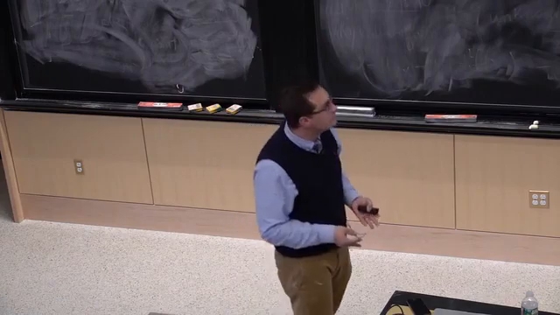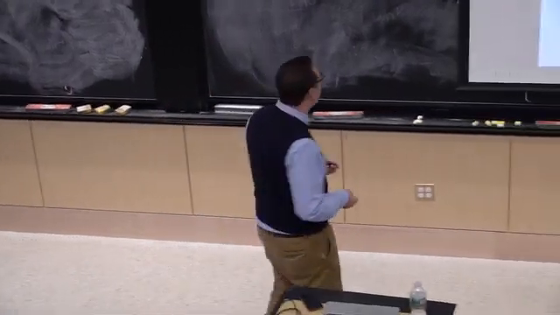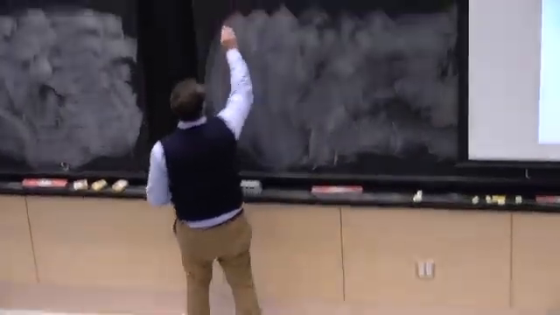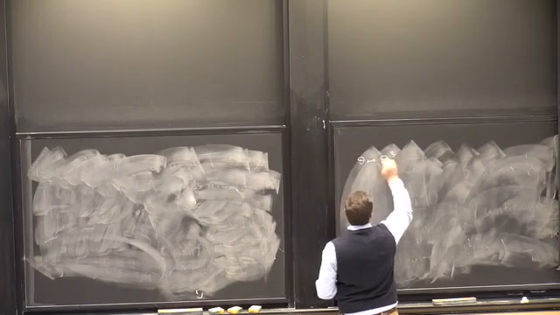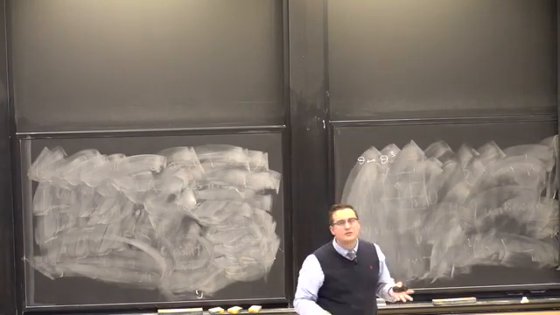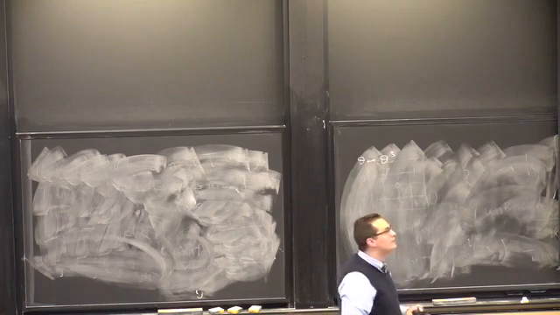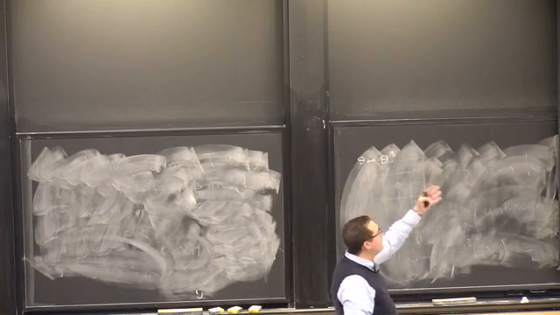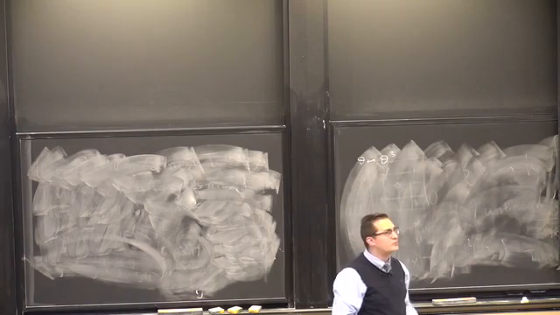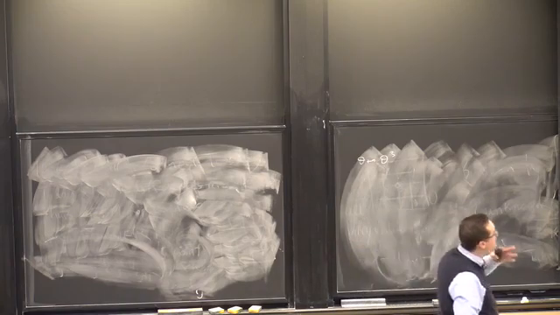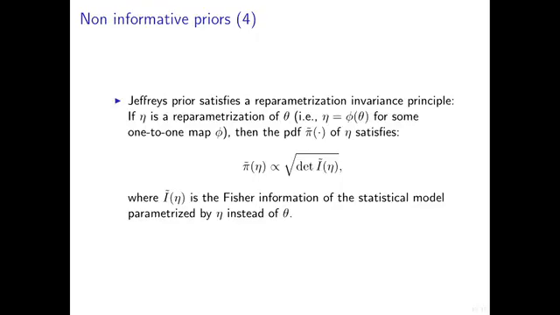This is a 1-to-1 map phi, right? If I decide that theta cubed is the actual parameter I want, then my original prior is going to induce another prior. And here it says that this prior is actually also Jeffreys prior.